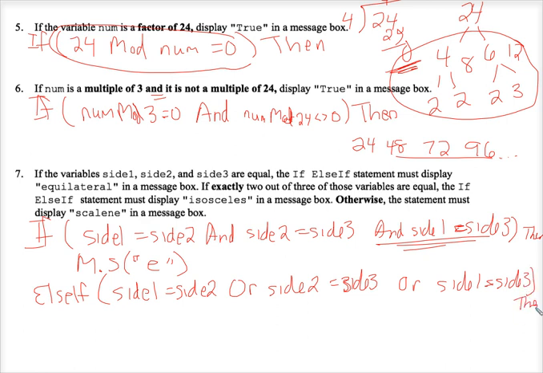That should handle determining whether we have an isosceles triangle or not. And the else is messagebox.show scalene triangles. Don't forget your end if, and have a great day.